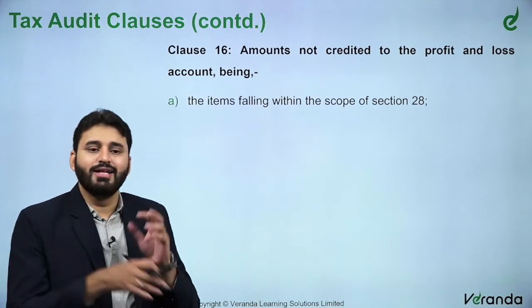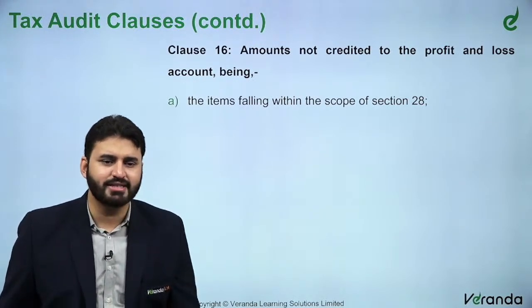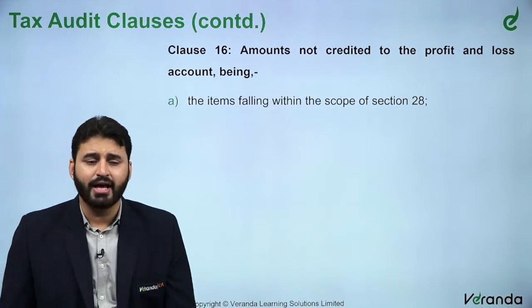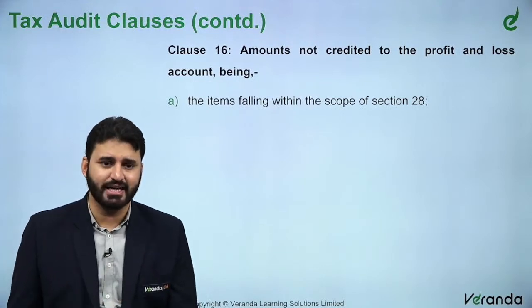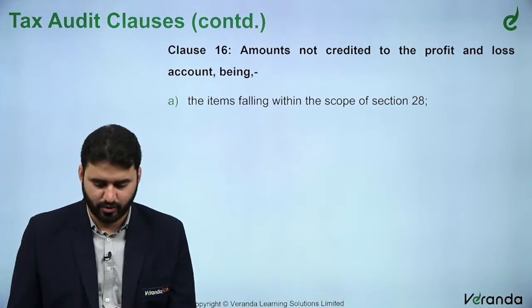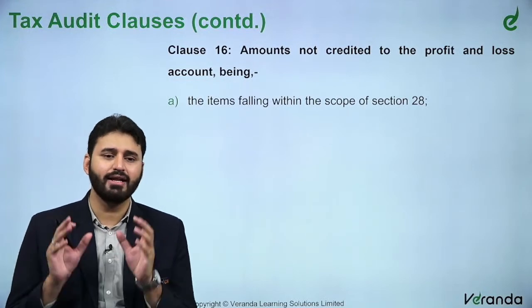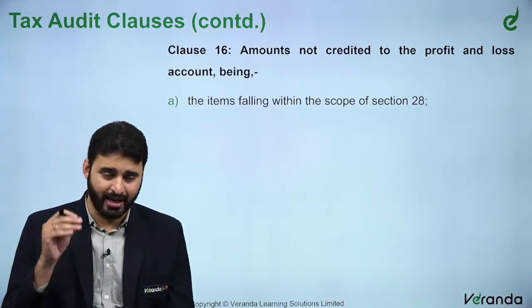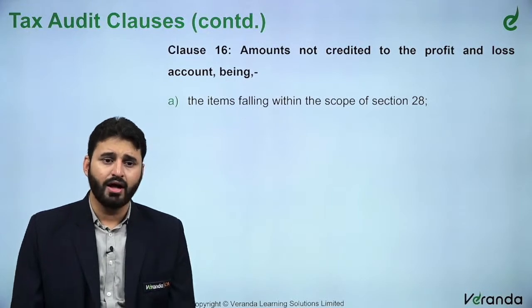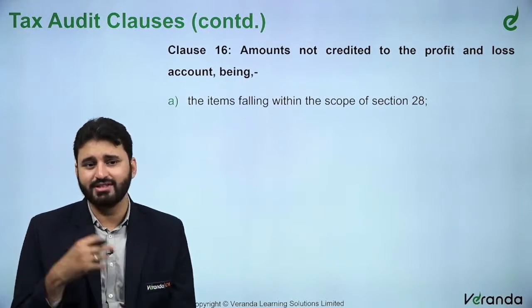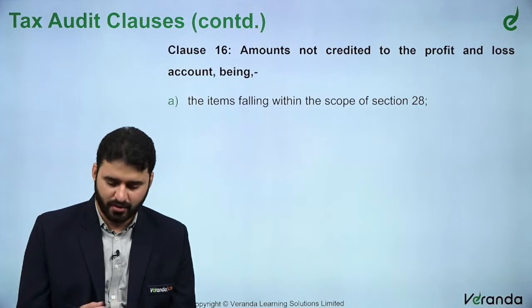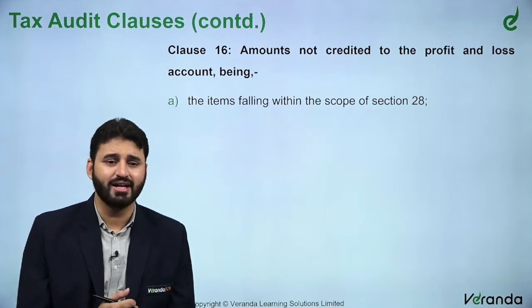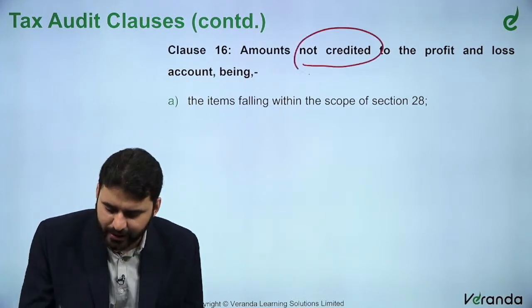Now this clause 16 is where the assessee has to report, or the auditor has to report, any receipt which is in the nature of income, under what we are going to discuss, which is not credited to the P&L account.